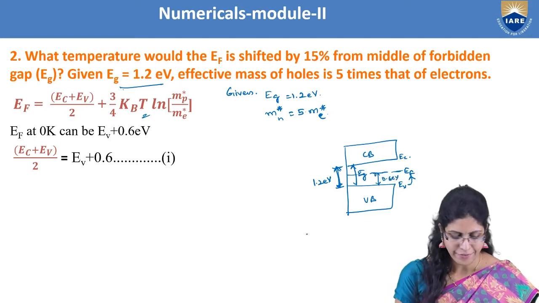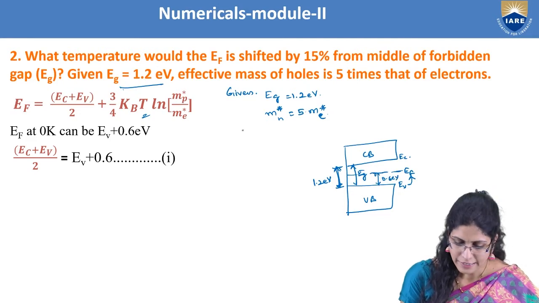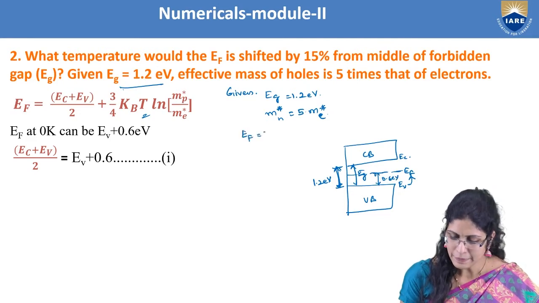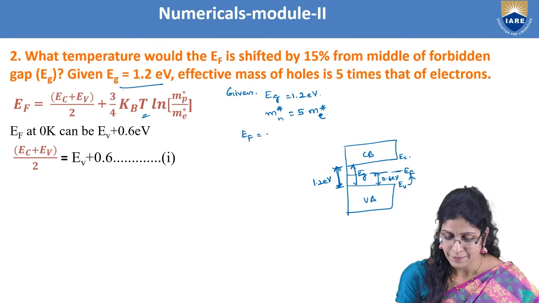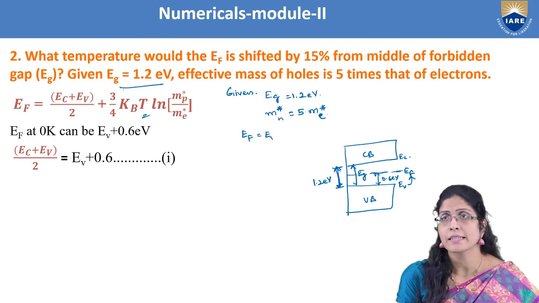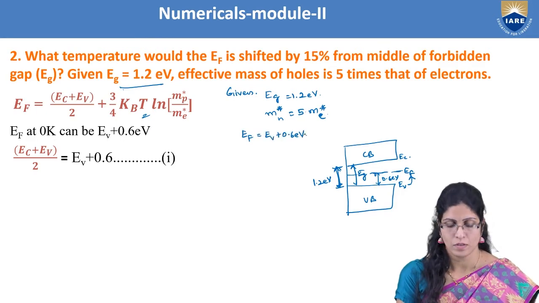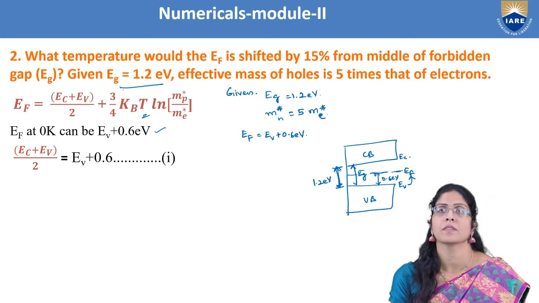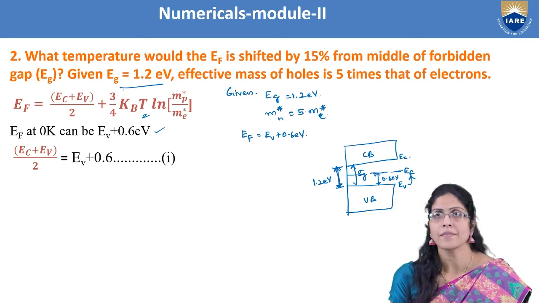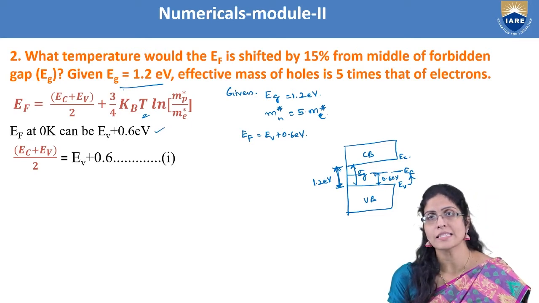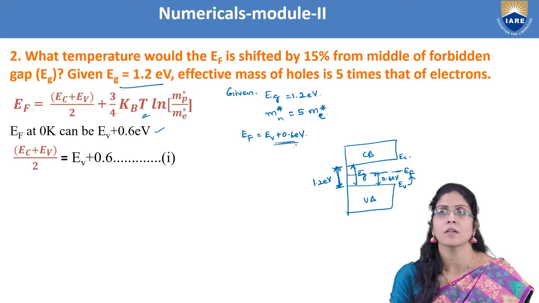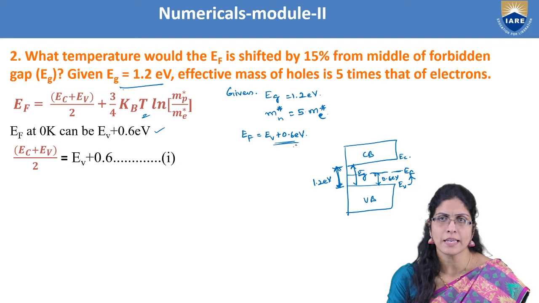So EF can be written in terms of EV as EV plus 0.6 electron volt at 0 Kelvin. So now you have EF, which is equal to EC plus EV by 2, is equal to EV plus 0.6 electron volt. It's very easy.